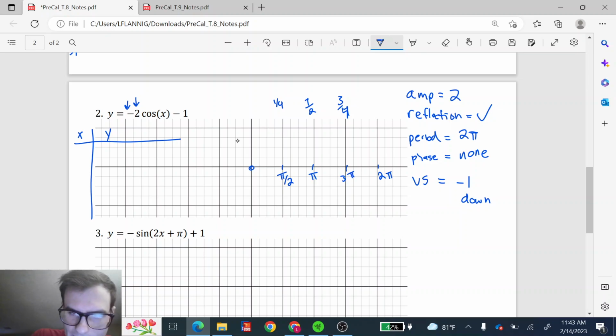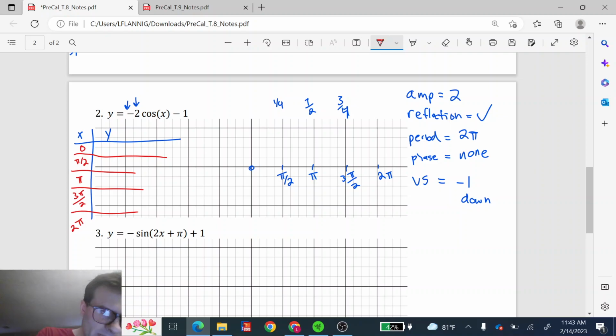Okay. Again, we're just drawing the positions out. And now I'm going to figure out what the graph's going to look like. I plug in these things: 0, pi over 2, pi, 3 pi over 2, as well as 2 pi. So if I plug in 0, here's what it looks like: -2 cosine of 0 minus 1.